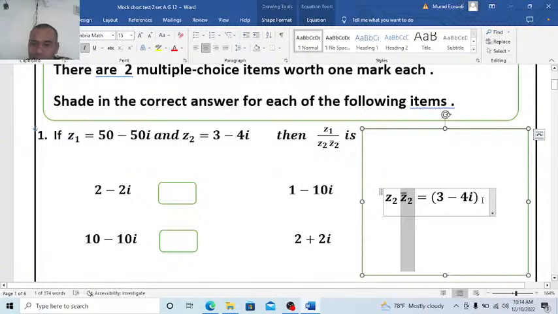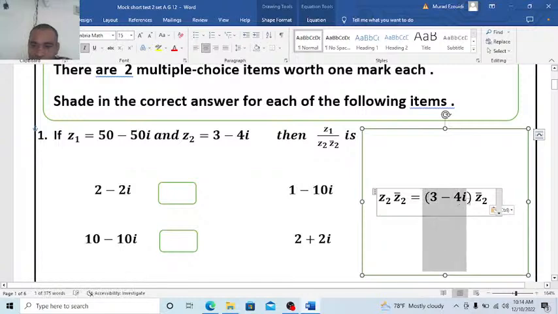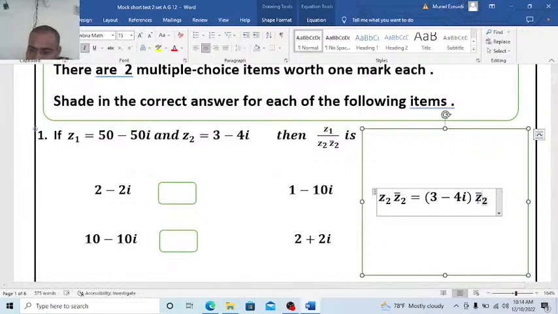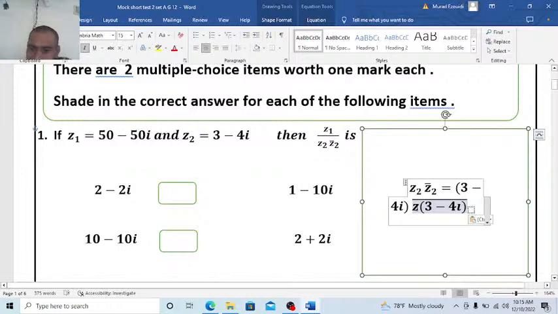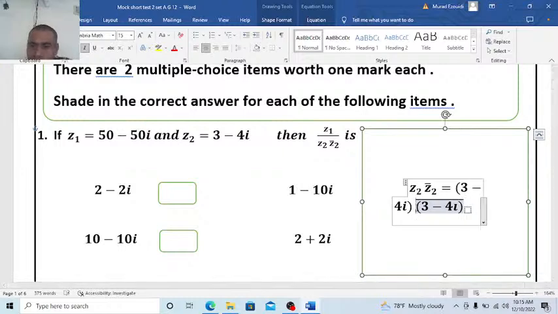To let you understand, the conjugate of 3 minus 4i is 3 plus 4i. Therefore I will do it like that.